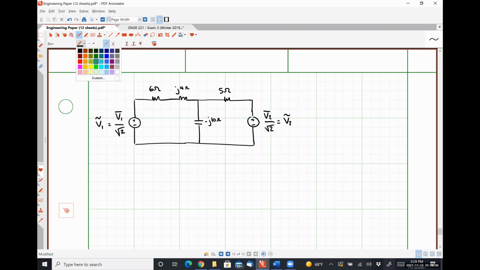I'm going to call this bottom node here my ground. And I'm going to call this voltage here V minus J10.